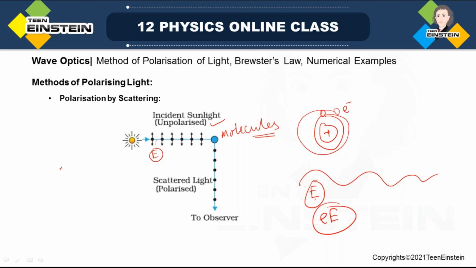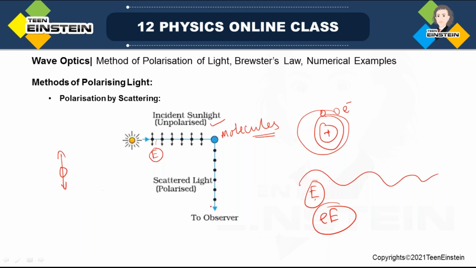So those electrons will start oscillating. But since this light is unpolarized, the electron can oscillate in two ways: in the plane, and out of the plane, or perpendicular to the plane. In both ways it will oscillate.